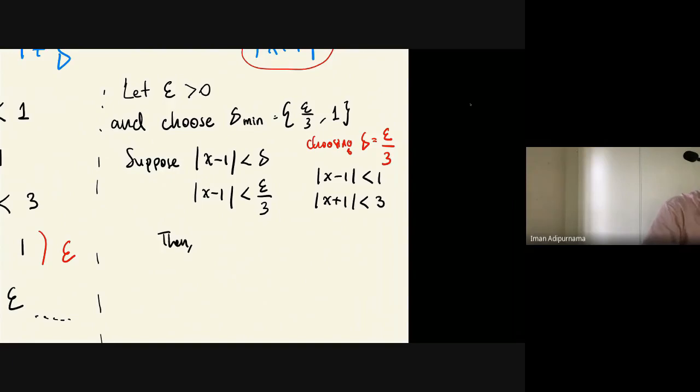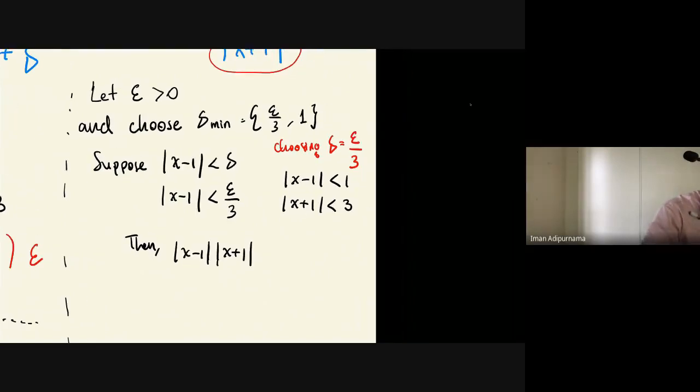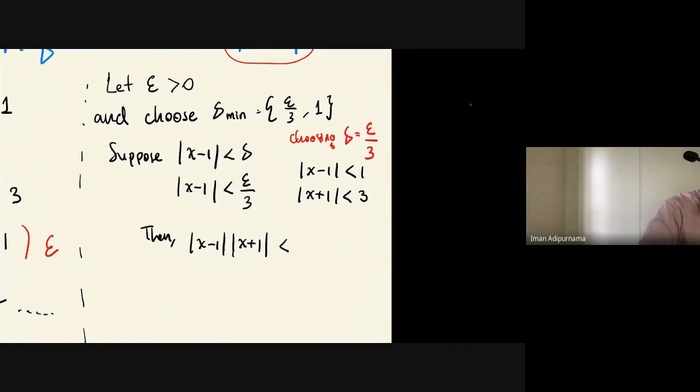So then x minus 1 multiplied by x plus 1, from our definition above, should be less than epsilon over 3 times 3. That is why our quadratic function here, x squared minus 1, which I write back to the original equation, is less than epsilon.